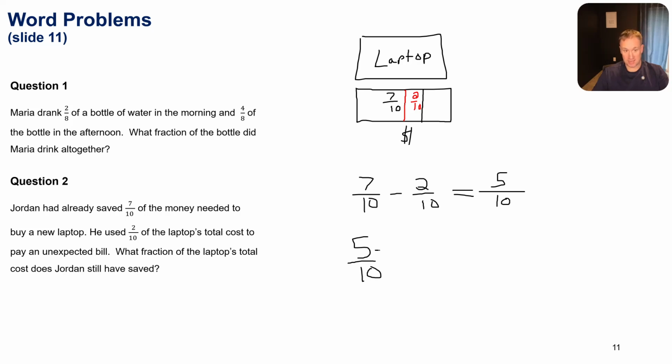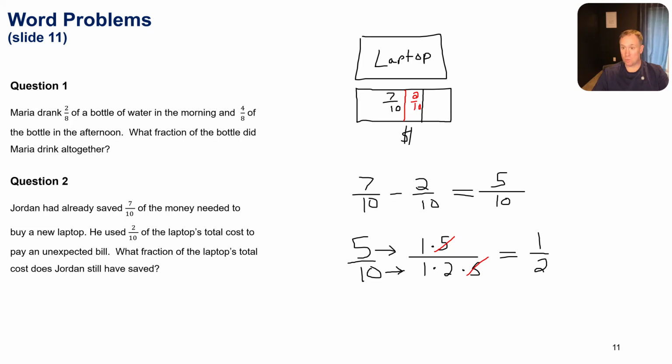Now 5 over 10 can be reduced. If I look at the factors of 5, 5 is a prime number, 1 times 5, while 10 is 1 times 2 times 5, right? In other words, our common factor that we see in both the top and the bottom parts is 5. So what I then have here is 1 in my numerator and 1 times 2 in the denominator.